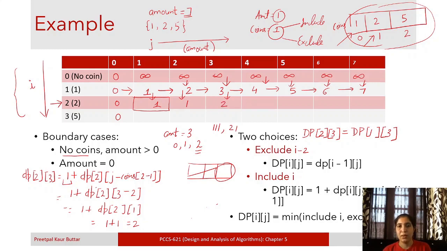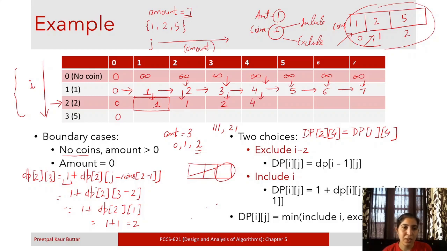Right, and similarly we will go here. Now the amount we are trying to make is 4. For 4, when we exclude this 2 rupee coin, the solution will just come from the upper cell, right?